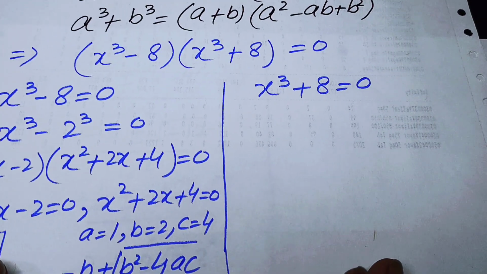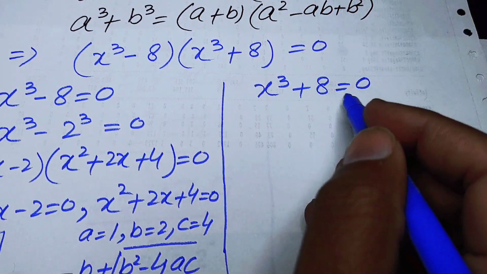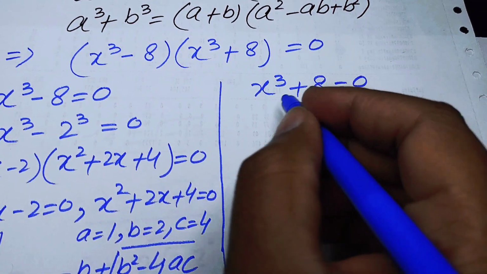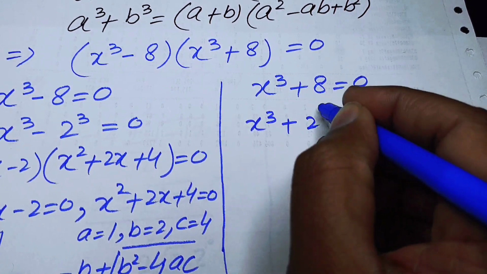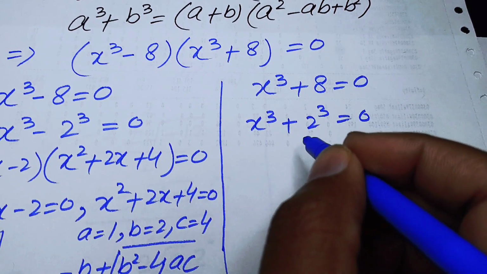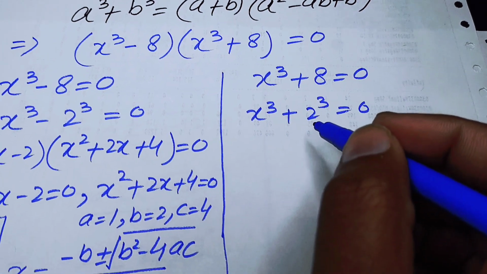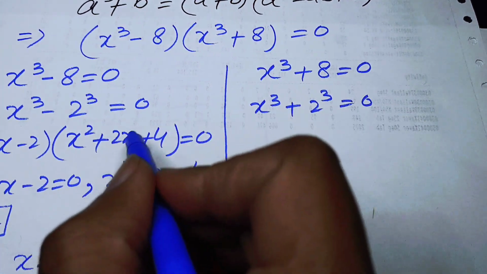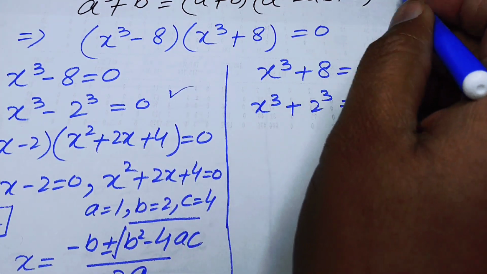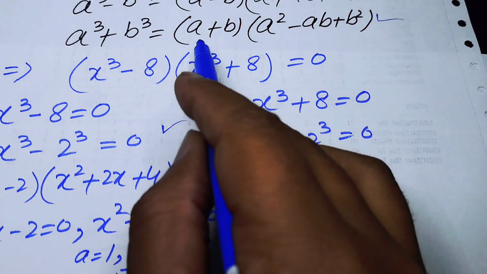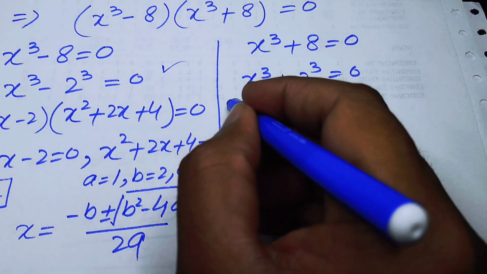Now we will solve the other case, which is x cubed plus 8 is equal to 0. Here you will write x cubed plus 8 as x cubed plus 2 to the power of 3, and you can apply similar steps. Here you can apply the cubic formula a cubed plus b cubed.